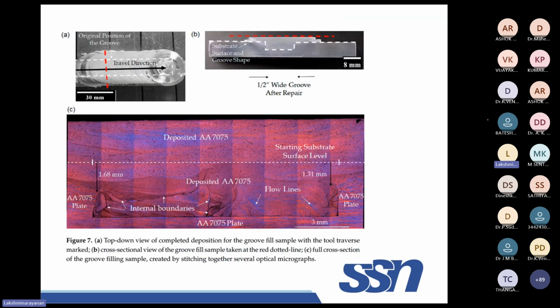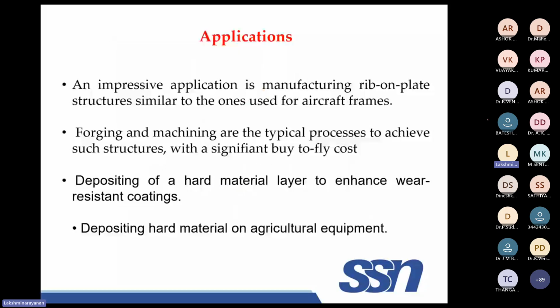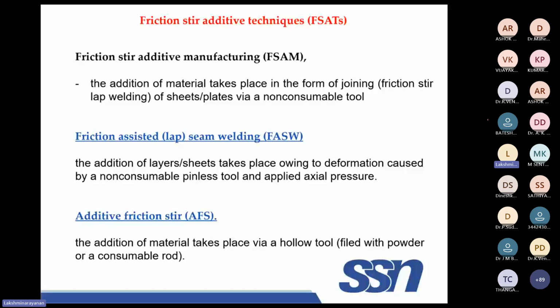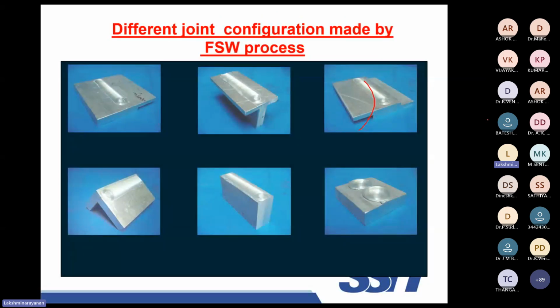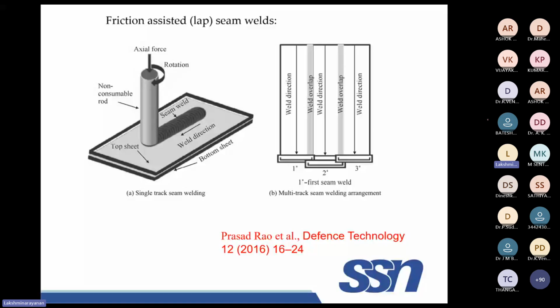There is some other technique which is used to fill grooves also. I will not go deep into it, considering the time. These are works from very long back when I did my PhD. We did it for WRI, Welding Research Institute.